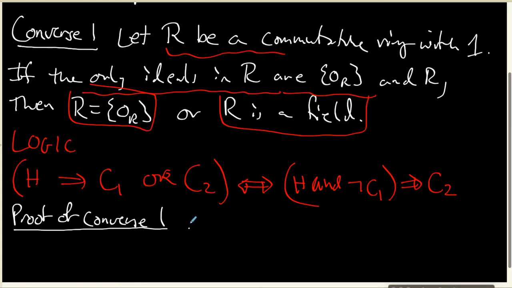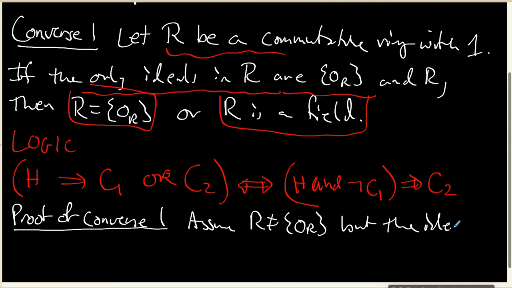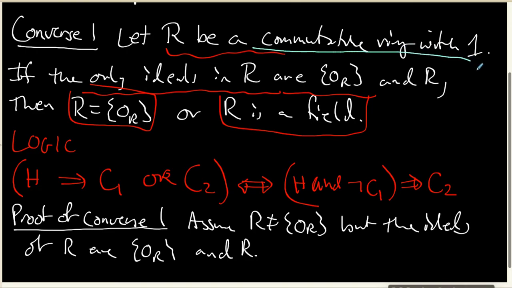We're going to assume R is not the zero ring, but the only ideals of R are indeed the zero ideal and R itself. And of course, we are also assuming, by the way, that we've got a commutative ring with 1. So let's think about what that says.